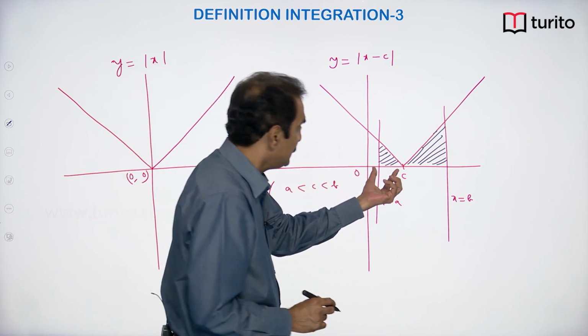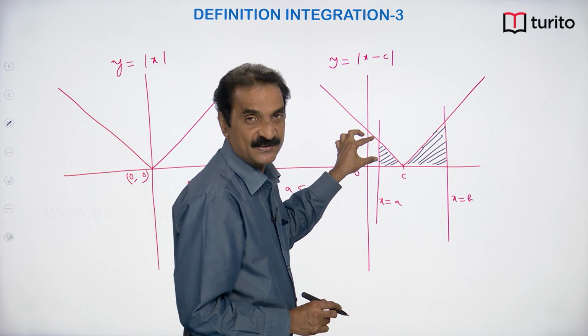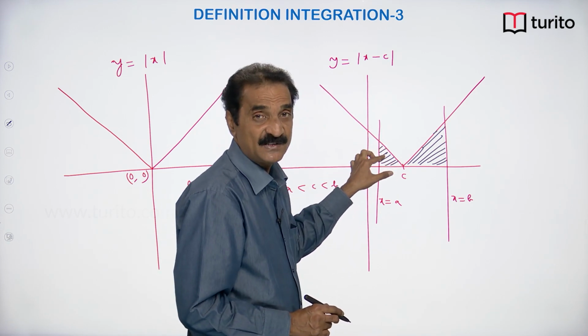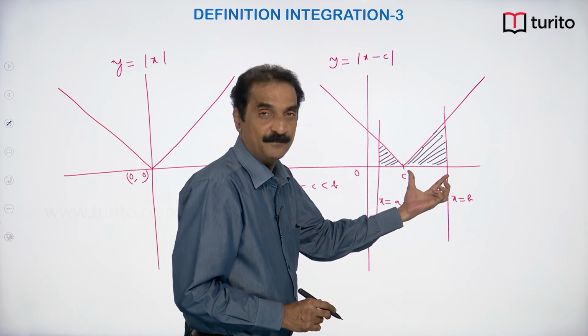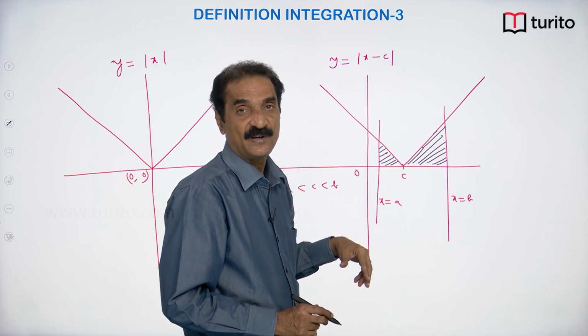Now this width is c minus a, this height is also c minus a, it is a right angled isosceles triangle. So what is the area? C minus a whole square by 2. Similarly this width is b minus c, this height is also b minus c. So this area is b minus c whole square by 2.